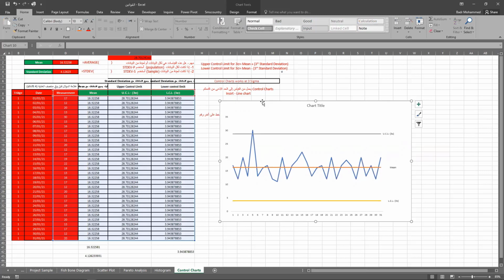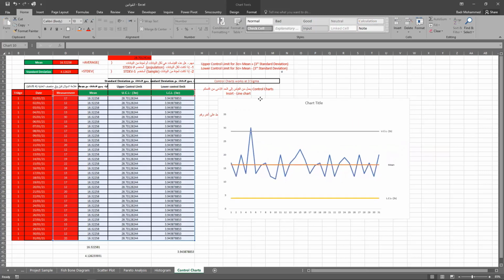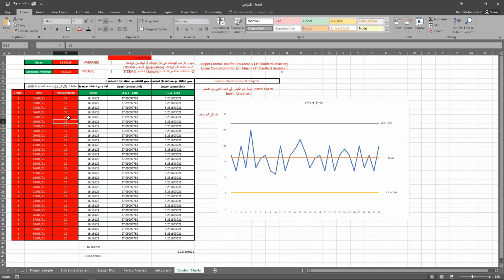So if anything happens to the machine, temperature or a short in the electricity, immediately the data will go up to the UCL or down to the LCL. At that time, they will have an indicator that something is happening to this machine, and they will move immediately in order to get it back to the safe side, which is your data has to be between the UCL and the LCL.